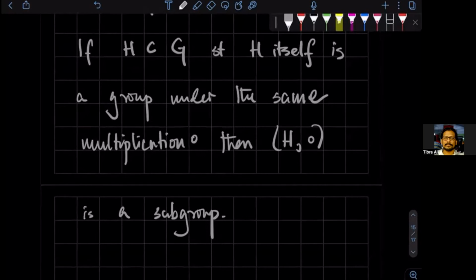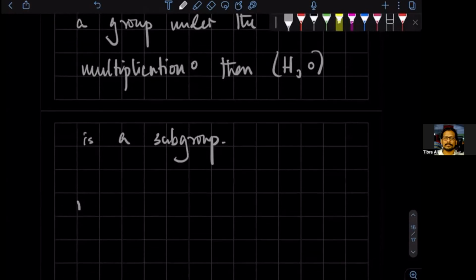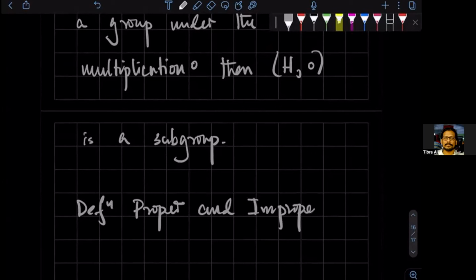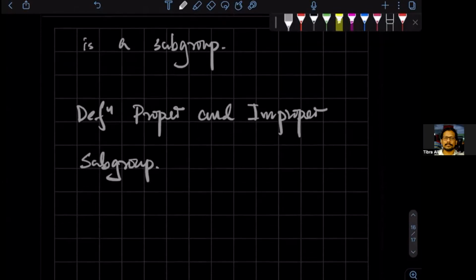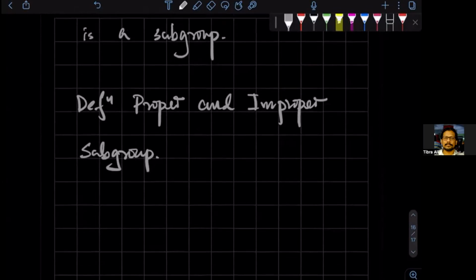So we should define along with this what is a proper subgroup. It's very, very obvious.